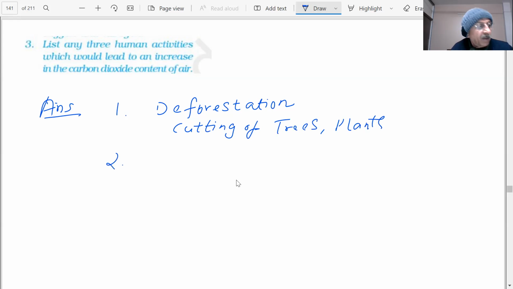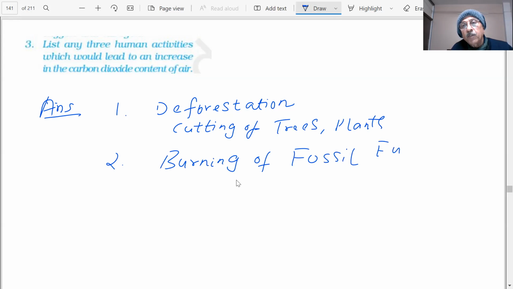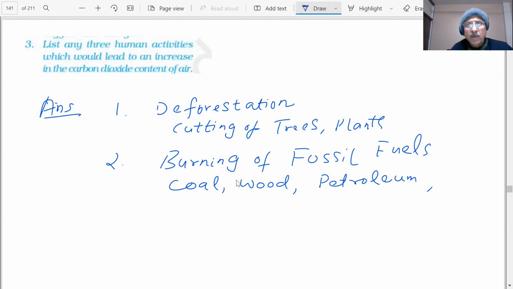Okay. The burning of fossil fuels. Which fossil fuels are you burning, student? You are burning coal, wood, petroleum products, other fuels also, natural gas, all this.